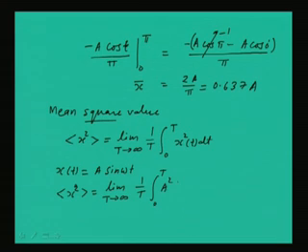Sin square can be written as half 1 minus cos 2 omega t, dt, and now we can integrate this.